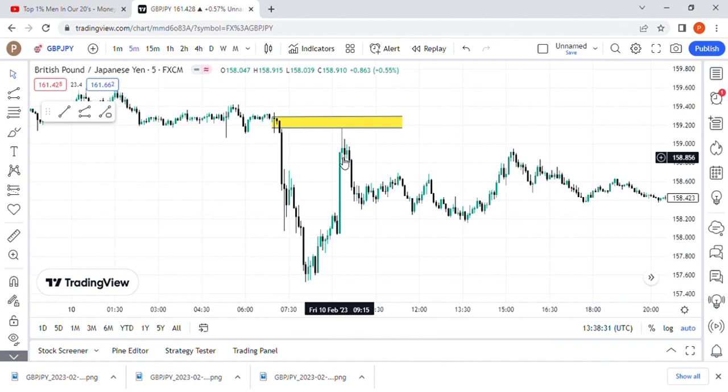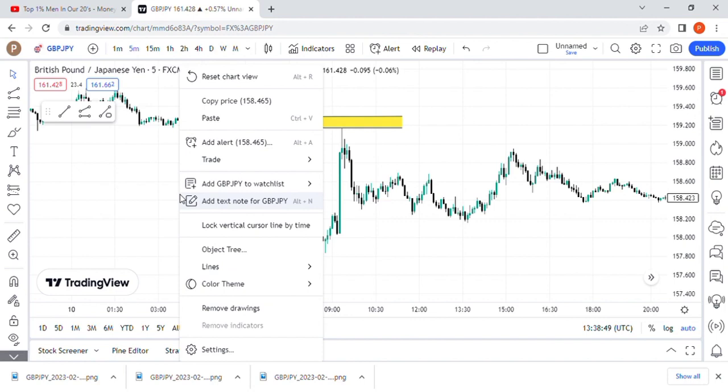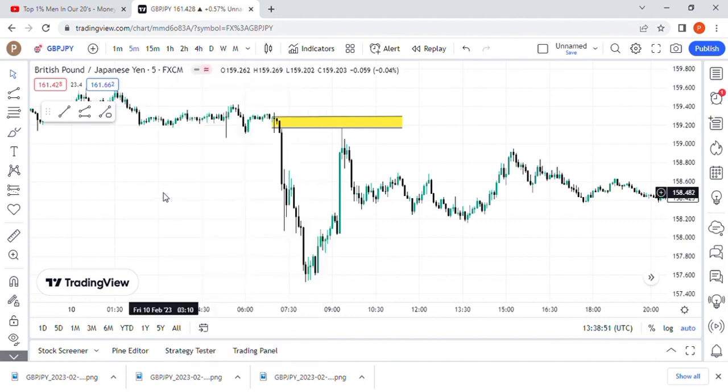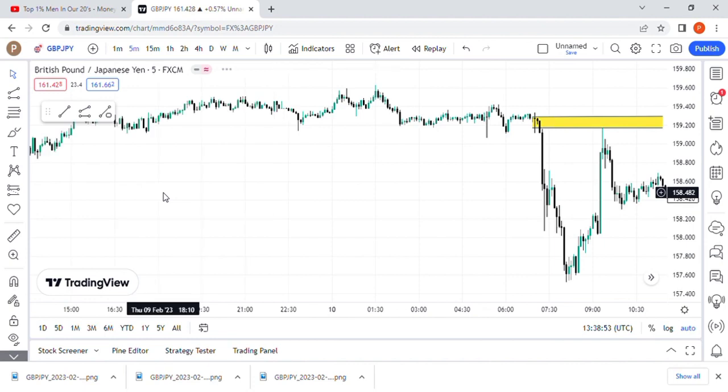You have to look for the momentum in the market from the previous key levels. You can see the market drop down and rally up with clean momentum before dropping again. So that's a good setup for supply and demand.